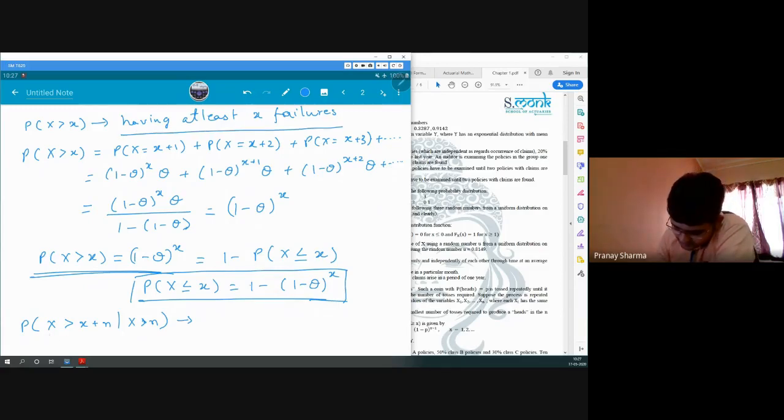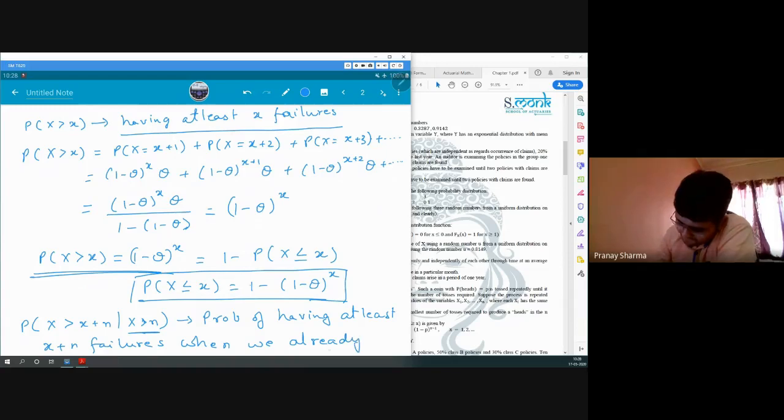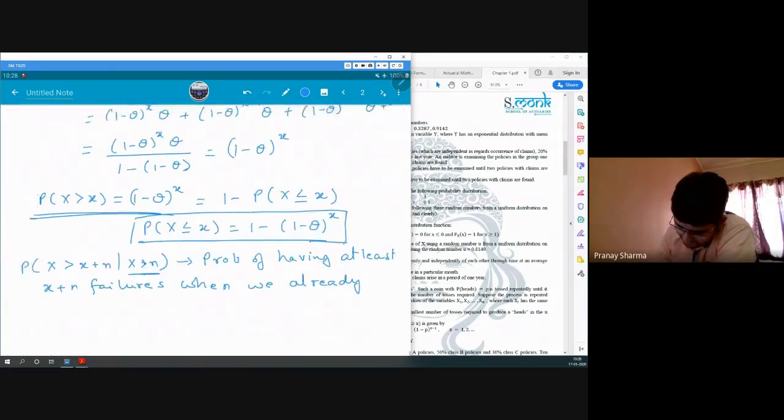So this means probability of having at least x plus n failures when the given part is that we already have n failures.